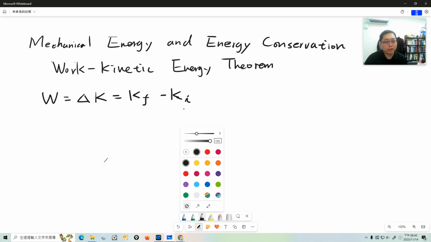We just said it's the total work. But right now we know there is the work done by the conservative force and non-conservative force. Conservative forces are like the spring force and gravitational force, and friction is a non-conservative force.